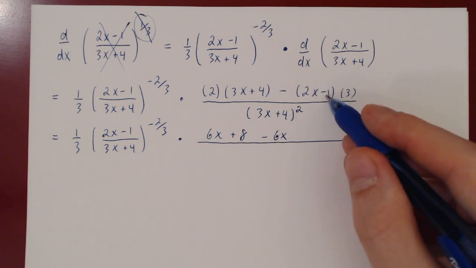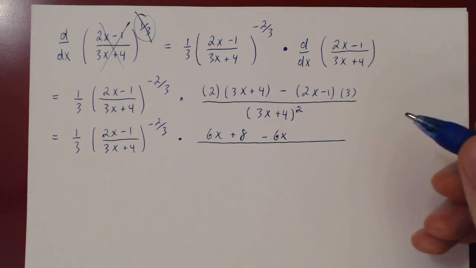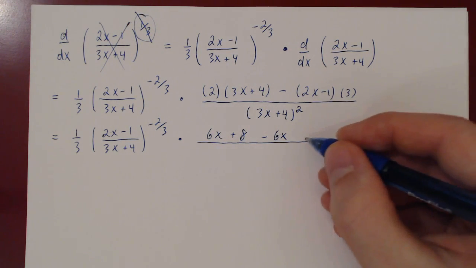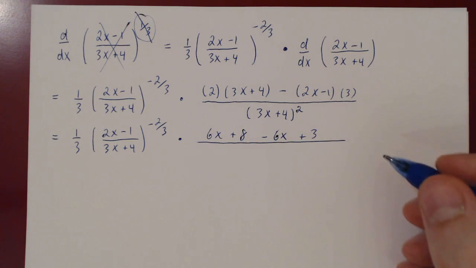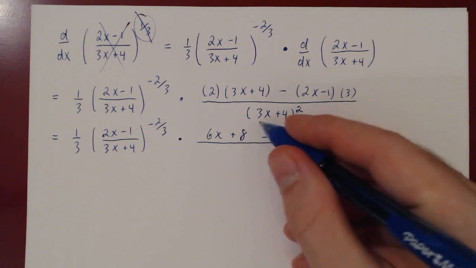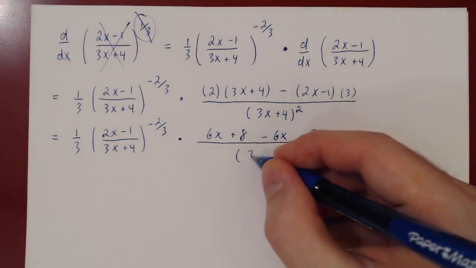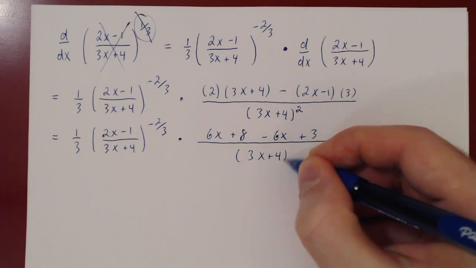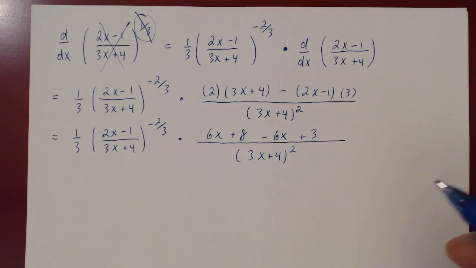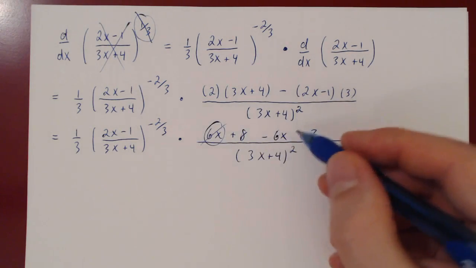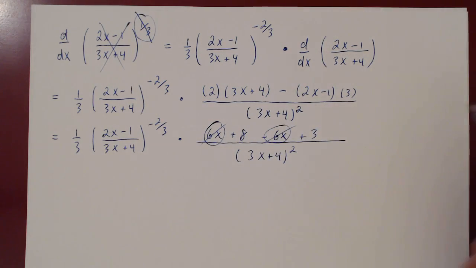Negative 1 times negative 3 is positive 3, over 3x plus 4 squared. So what happens on top? Well, the 6x minus 6x cancels, and we're left with 8 plus 3, 11.